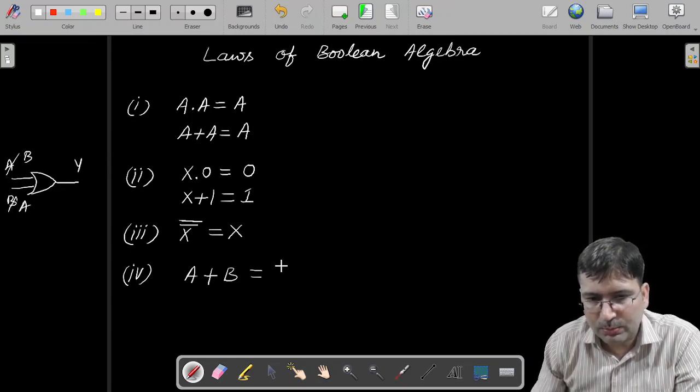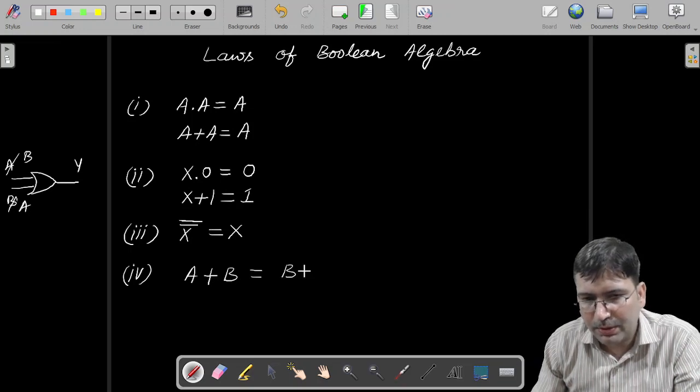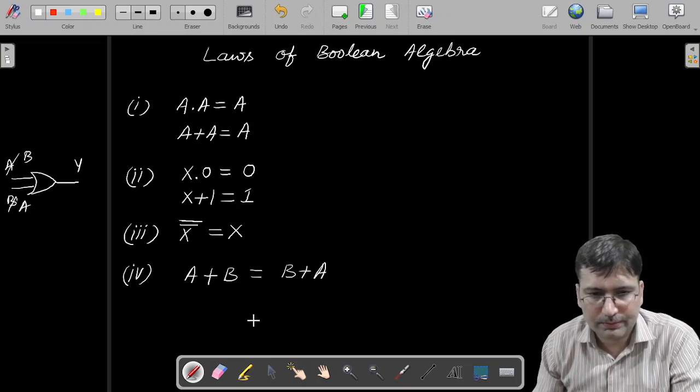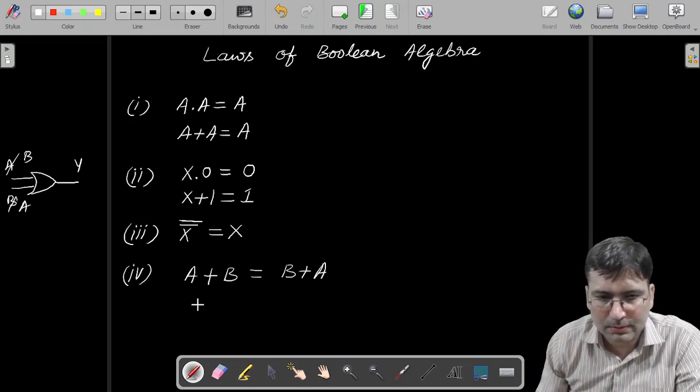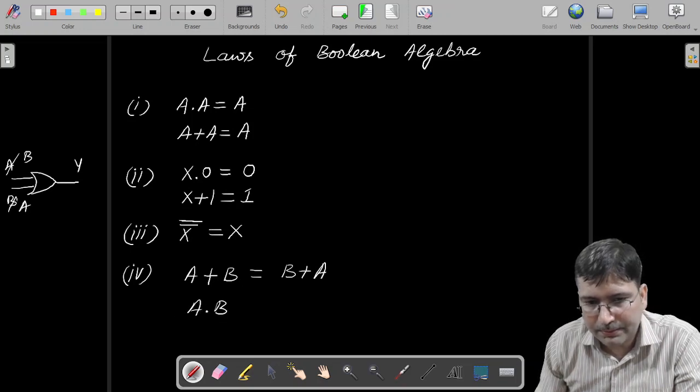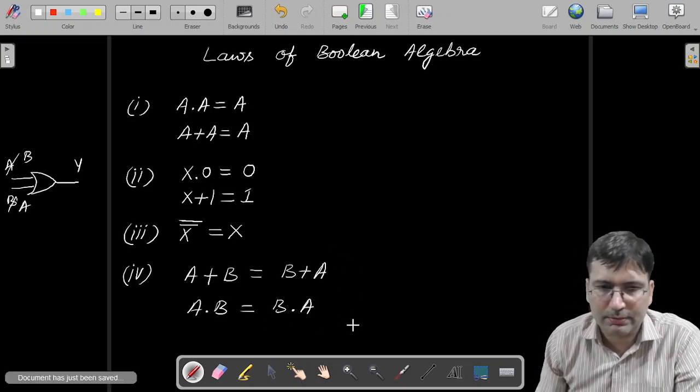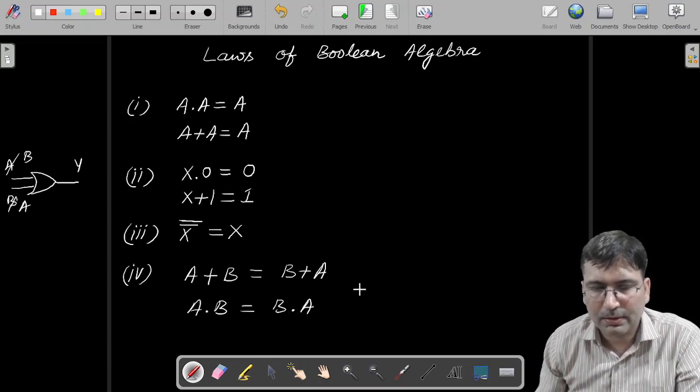So a plus b, or a or b, will give you b or a. Like the commutative law, I guess we are all aware of it. Similarly, a dot b will always be equivalent to b dot a. It is also a commutative property, right?